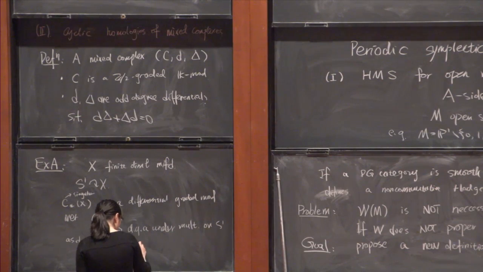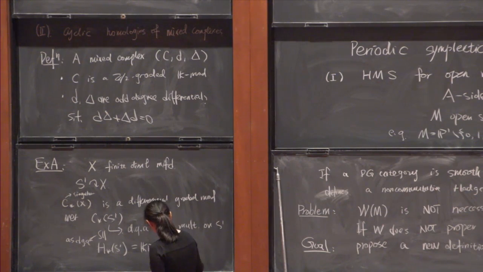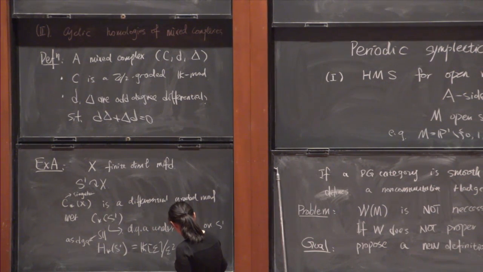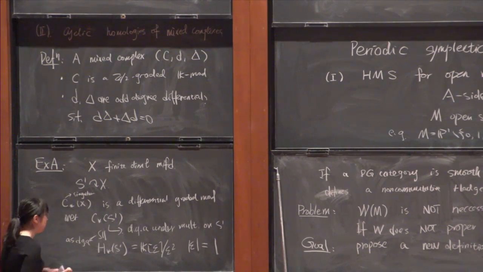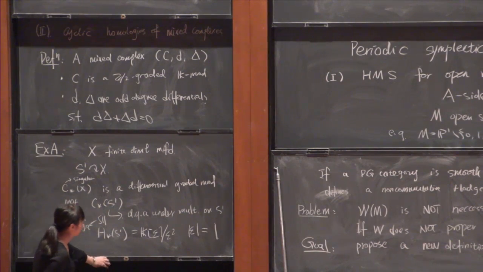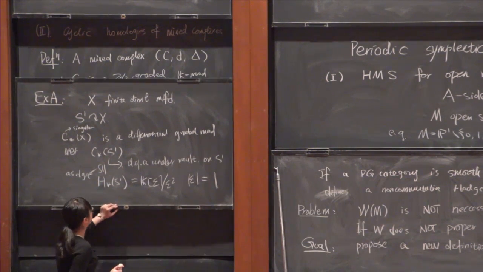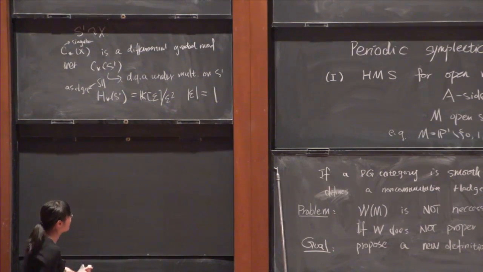This is really a ring generated by epsilon with epsilon squared equal to zero, where epsilon has degree 1.